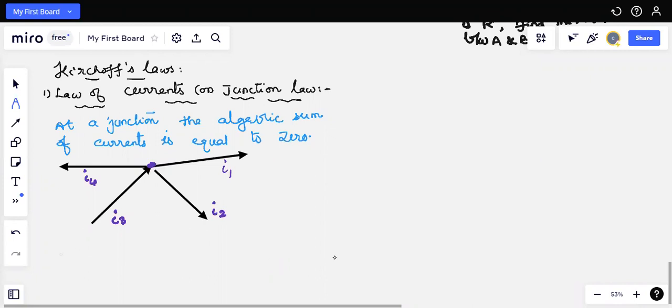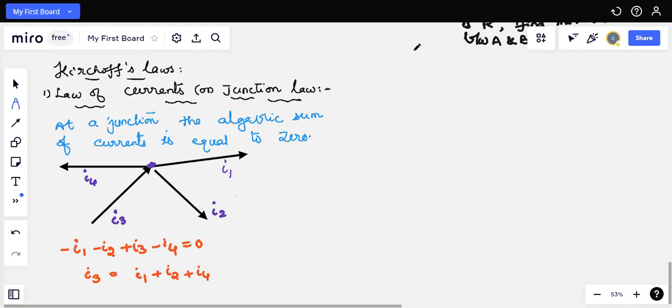Same thing here: minus I1, minus I2, plus I3, minus I4. This is the algebraic sum that equals 0. I3 is positive, the remaining three are negative. So taking the remaining terms to the other side, I3 equals I1 plus I2 plus I4.